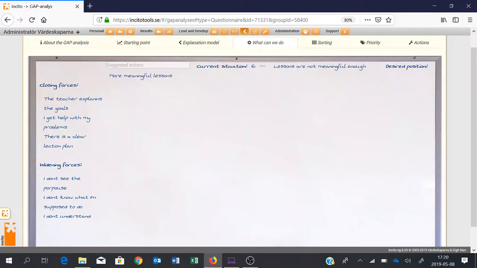In the next step, we try to identify possible actions. And given that we have these problems and these strengths, I ask the students to think for themselves, what possible actions could we do? And then they talk in pairs, and then we ask the different pairs. And there might be a whiteboard structure.